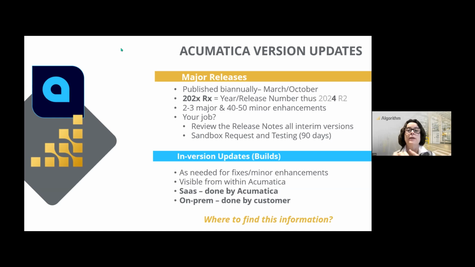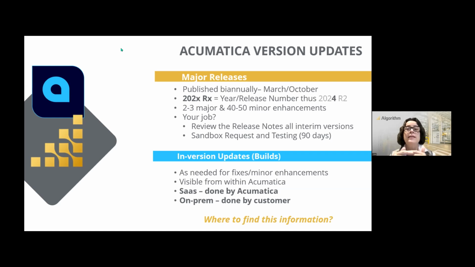So you'd have visibility of what they're planning in the current release, because you'll be able to see the early release notes. So Acumatica will publish the versions themselves and the release notes that go with them. And of course, the release notes will be titled, these are early release notes or these are beta release notes. And I'll show you in a minute where you can find all of that.